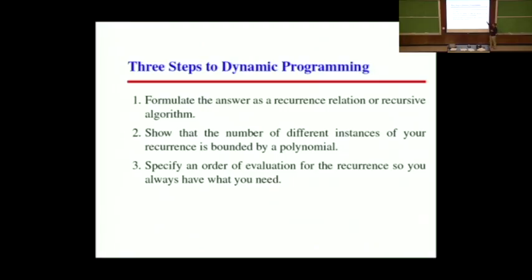And the last part is you must specify an evaluation order. How do you fill it in so that the item you need is always there? If you write your recurrence right, it should be clear that that's going to work. Notice that to compute this thing, it is calling the recurrence on arguments whose sum is smaller than that. Does everybody see that?